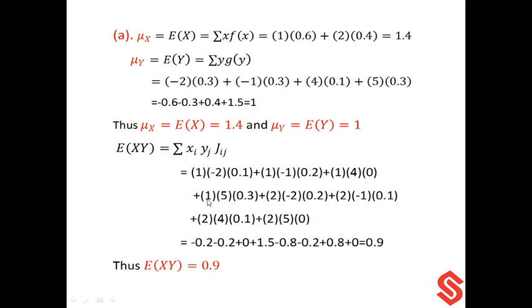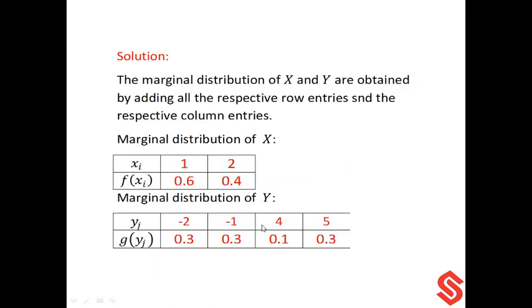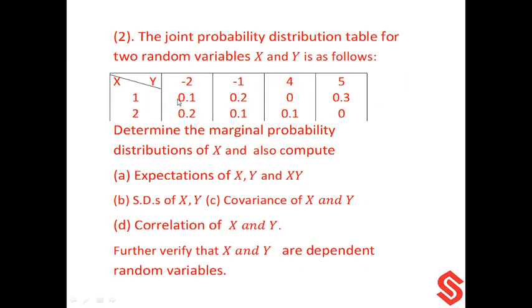Similarly, the second row: x2 y1 j21, x2 y2 j22, x2 y3 j23, x2 y4 j24.